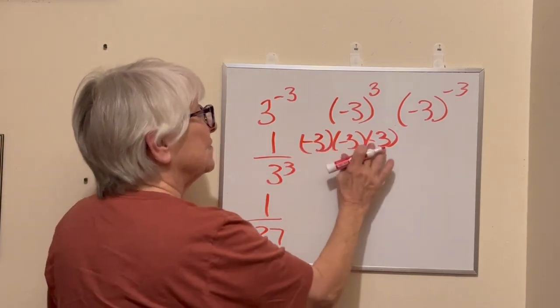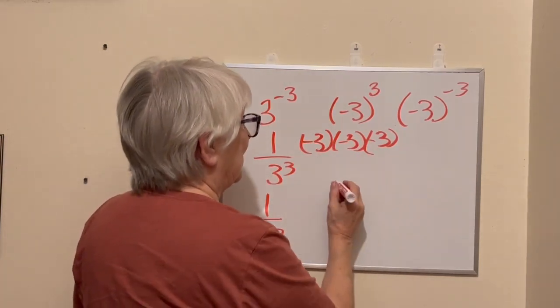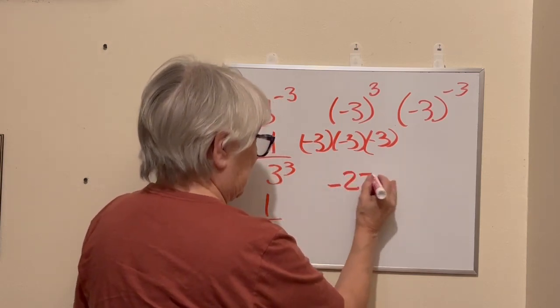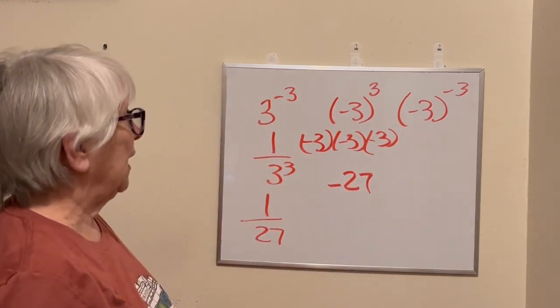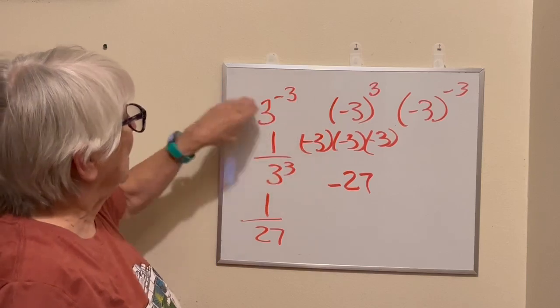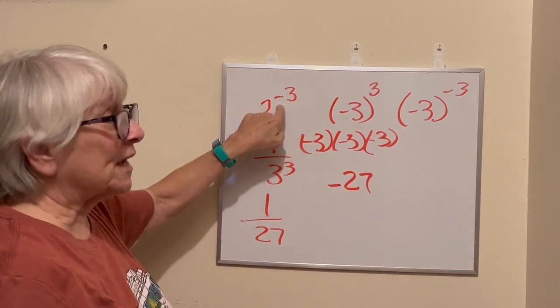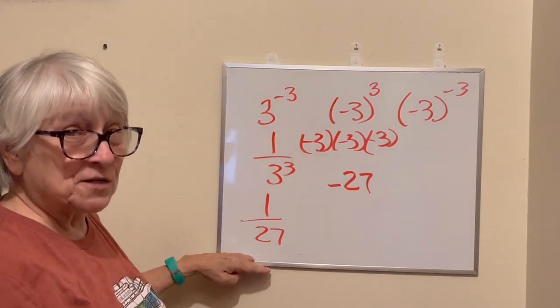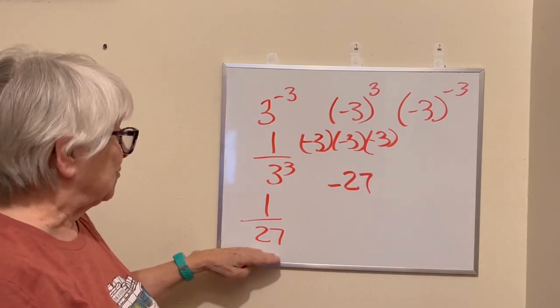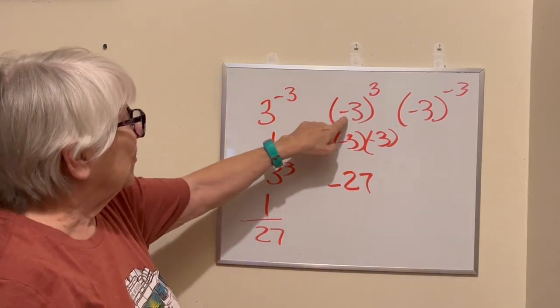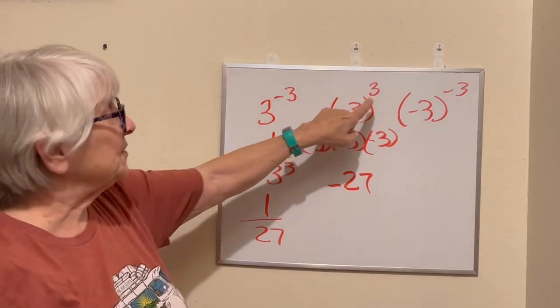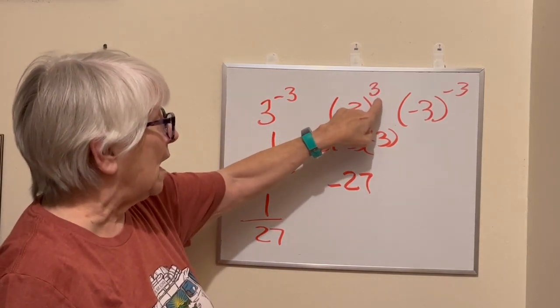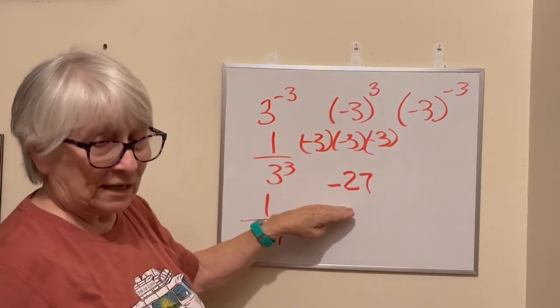So 3 negatives, an odd number of negatives, make this one negative 27. Okay? There's only one negative sign in this, but it's on the exponent, so it stays positive, and the answer goes to the denominator. This one is here, and since that's an odd exponent, it's negative 27.